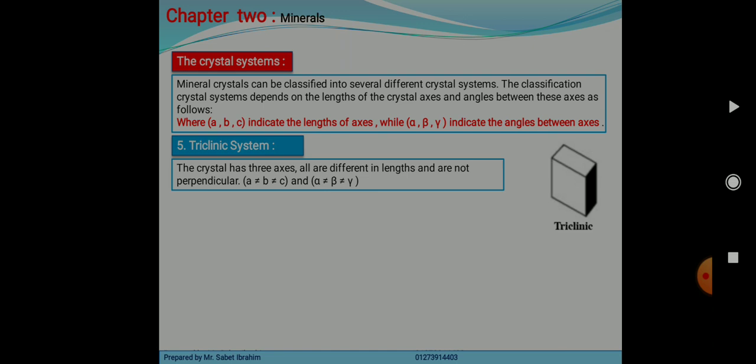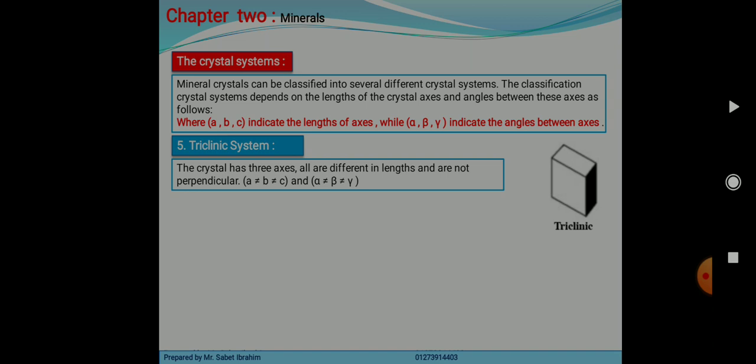System number 5 is the triclinic system. In the triclinic system, all axes are different in length, and it has three axes as we said, and all angles between these axes are different. I mean, A doesn't equal B, doesn't equal C, and alpha doesn't equal beta, doesn't equal gamma.